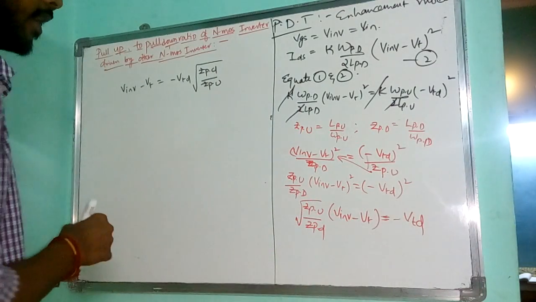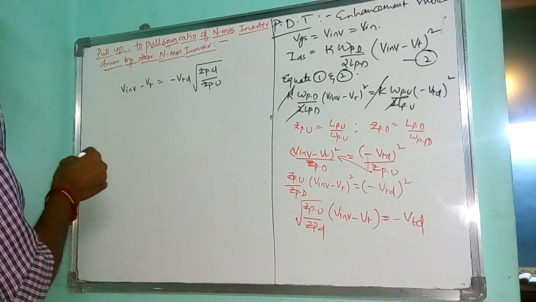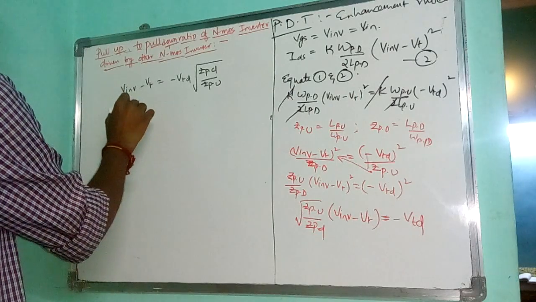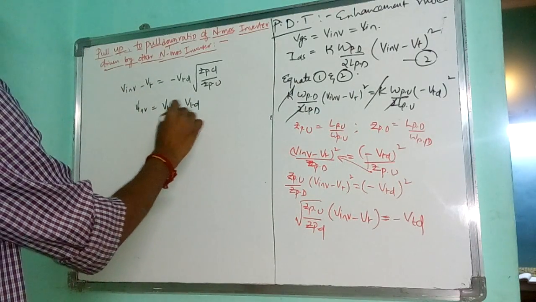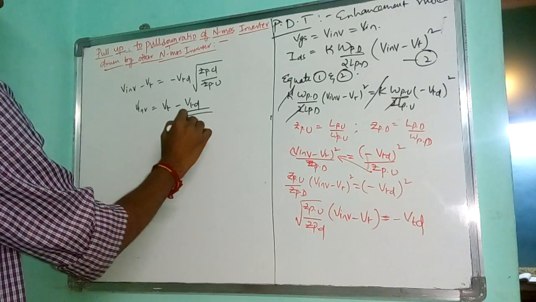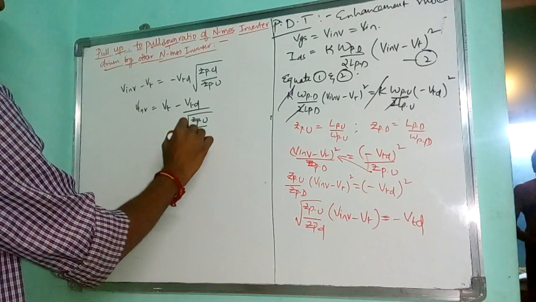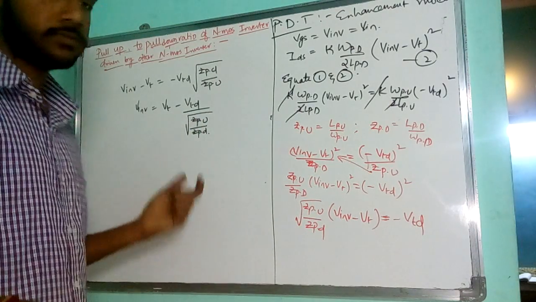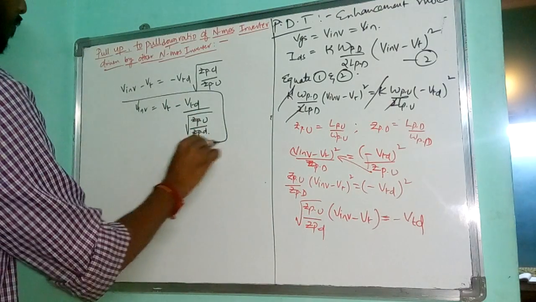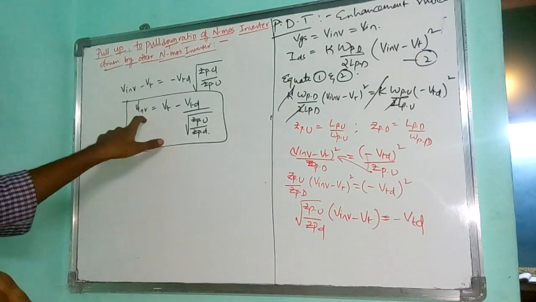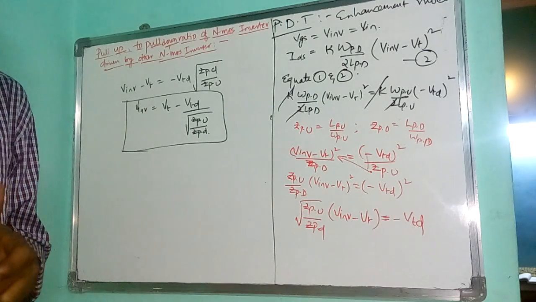Cross multiplying, what I get is V inverse will be VT minus VTD by under root ZPU by ZPD. Here from this we get V inverse voltage.